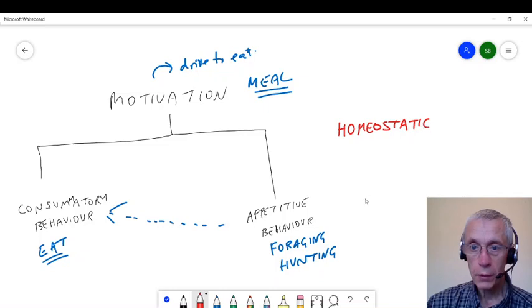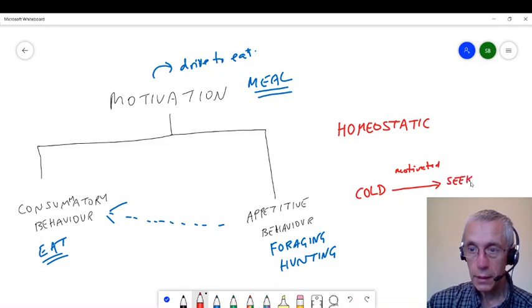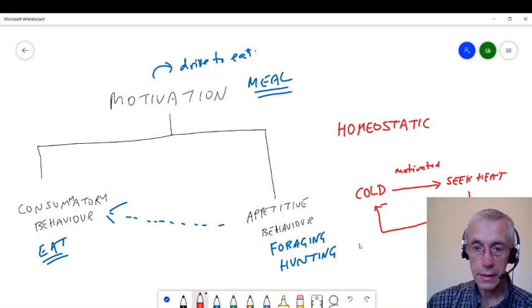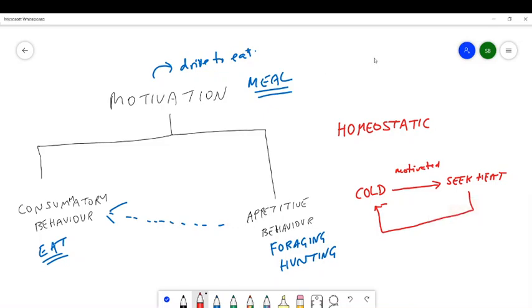So, for example, if we feel cold, we're motivated to seek heat, and that would provide a negative feedback against the cold. So this is the idea that the basis of motivation is homeostatic.